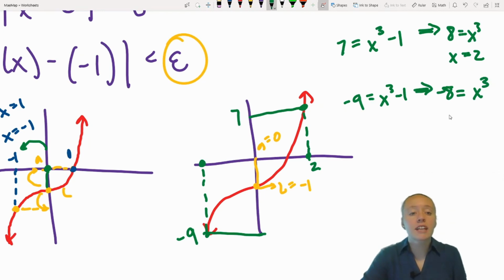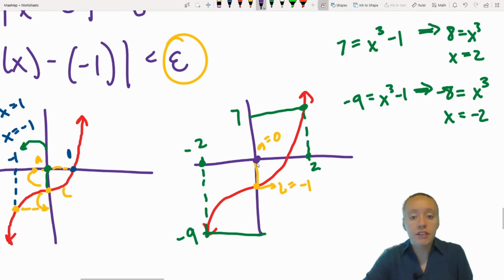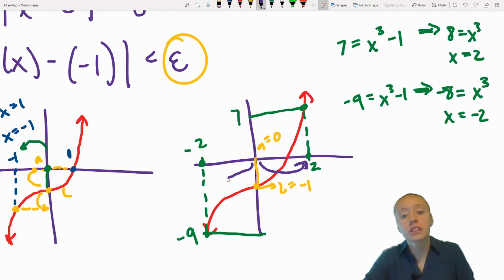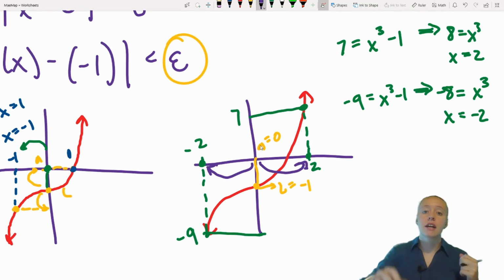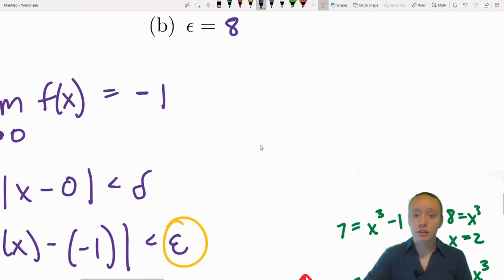Taking the cube root of negative 8, x is going to give me a negative 2. So now I'm at negative 2 in the x over here. What's that delta value? Well, if I know that my a is 0, I have to add 2 to get to 2 or subtract 2 to get to -2. So that distance is 2, meaning that my delta is going to be 2.